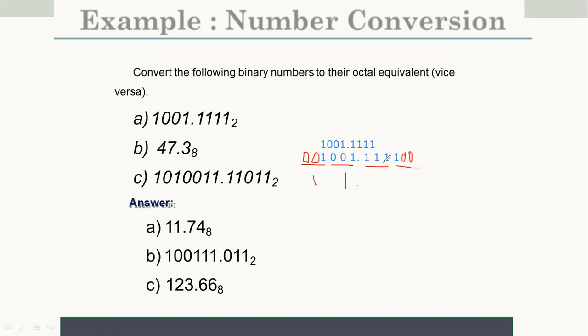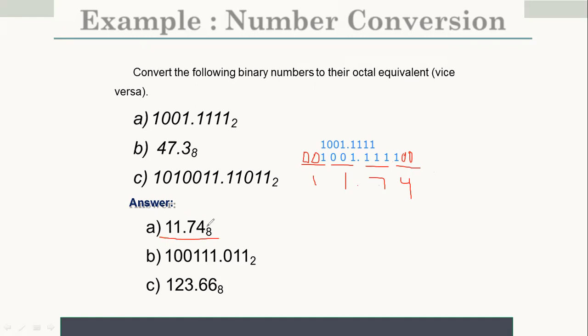Then 111: the octal equivalent is 7. Next 100: the octal equivalent is 4. So the octal equivalent is 11.74. In this way we get the answer.